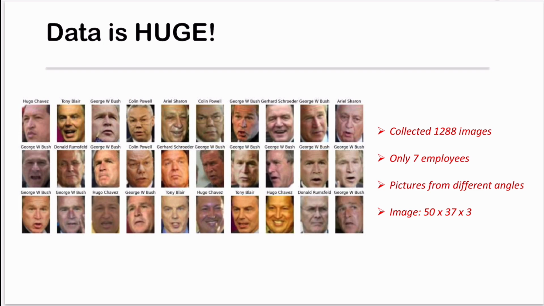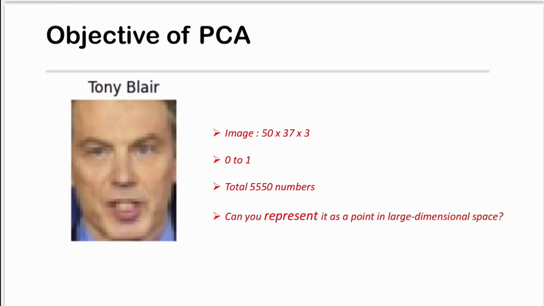If anybody doesn't understand what 50 by 37 by 3 is, one can think of it as matrices of size 50 by 37, but 3 such matrices. And 3 indicates the fact that the images are in RGB format. So each image is a combination of pixels.